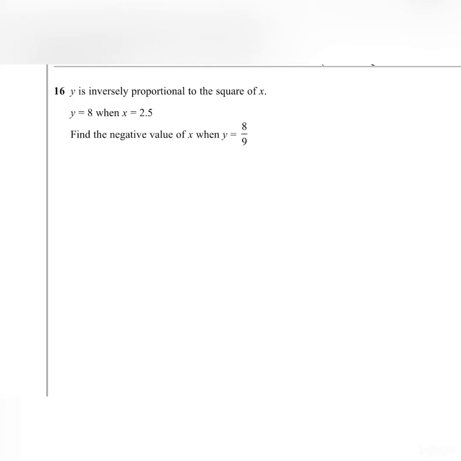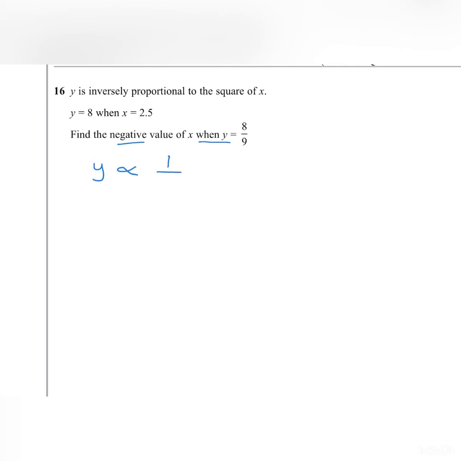Okay, question 16, it says y is inversely proportional to the square of x, and when y is 8, x equals 2.5, and find the negative value of x when y equals 8/9. Okay, so we start off by y is inversely proportional to the square of x.